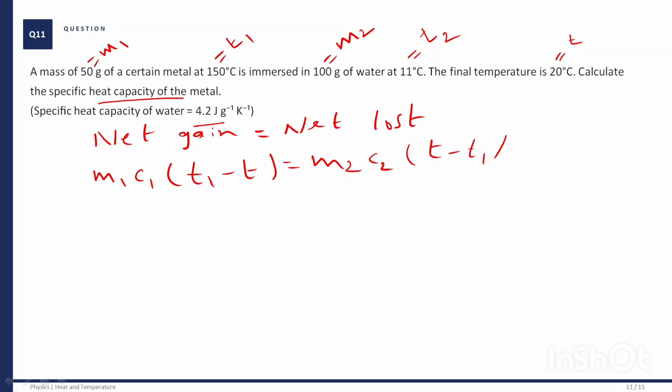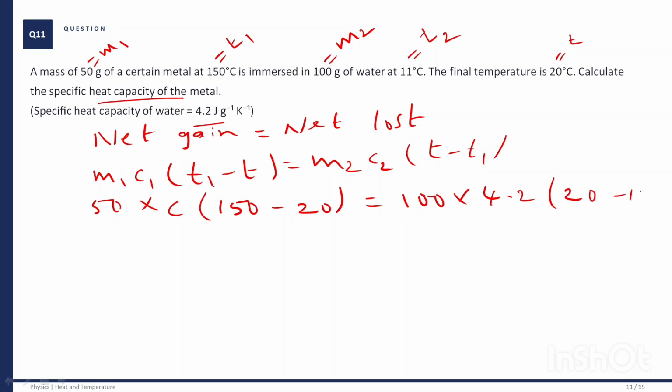So I will write the given: the mass 50, C we don't know, and T1 is 150, T is 20, M2 100, specific heat capacity 4.2, and temperature is 20 minus 11, right?